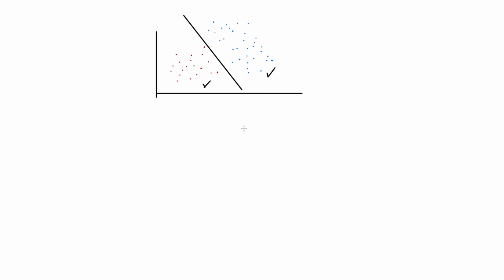It is a type of linear classifier, that is a classification algorithm that makes its predictions based on a linear predictor function, combining a set of weights with the feature vector.